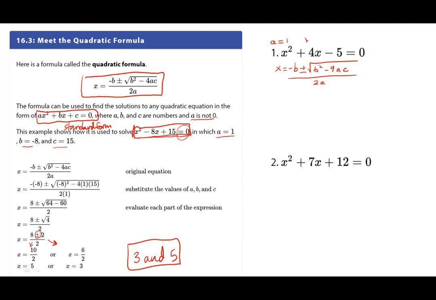A equals 1, b equals 4, and c equals negative 5. So now I have x equals the opposite of b, so negative 4, plus or minus the square root of b squared, so 4 squared minus 4 times a times c all over 2 times 1.